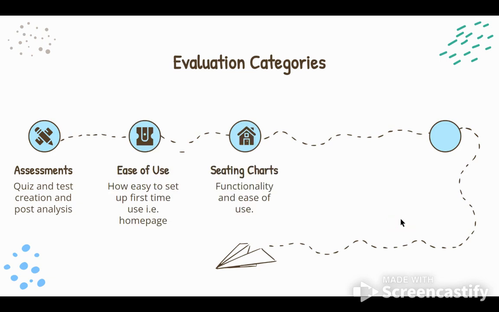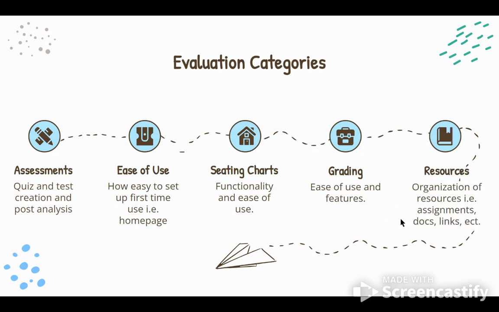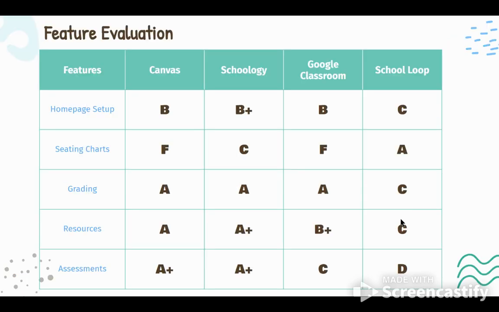Seating charts are a key part of any classroom management system, so this is one of the top requested features. Being able to grade with rubrics and have lots of other features is essential. Finally, how the LMS manages the organization of resources is key. It needs to be simple yet comprehensive.